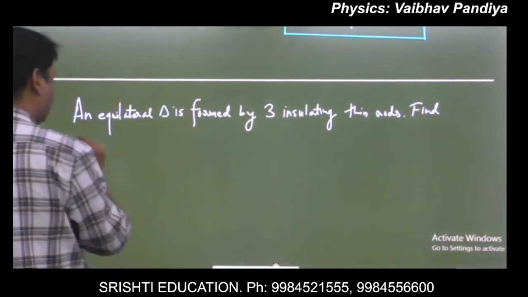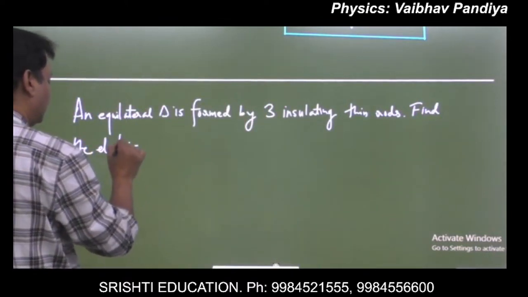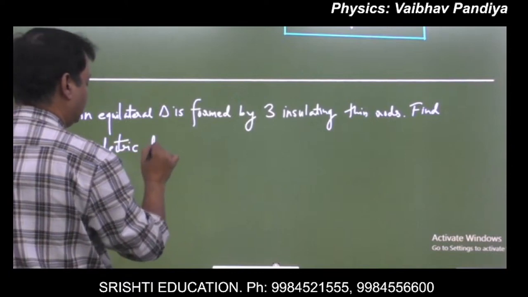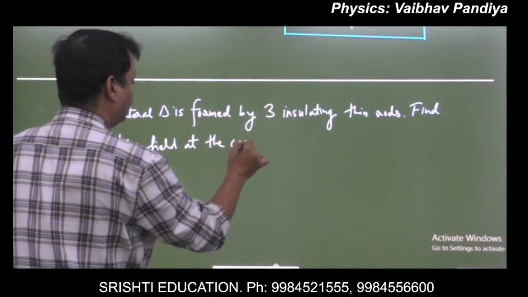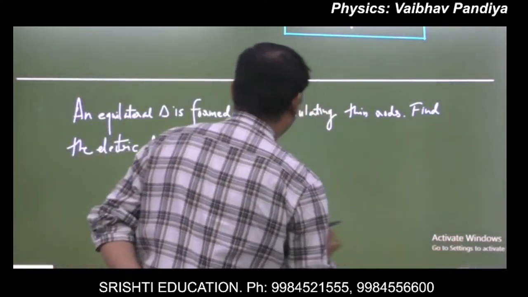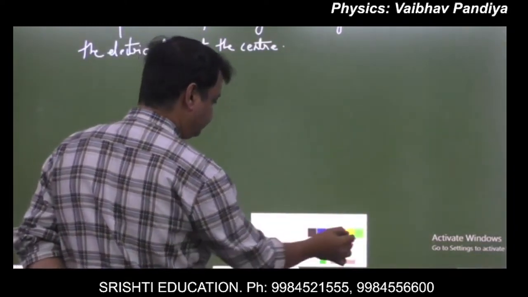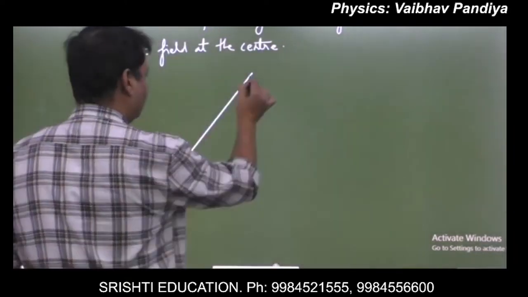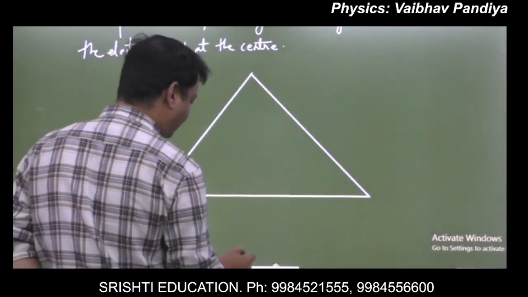Find the electric field at the center. Okay, this is the problem. We have to find, there is an equilateral triangle and it is formed by 3 thin insulating rods.